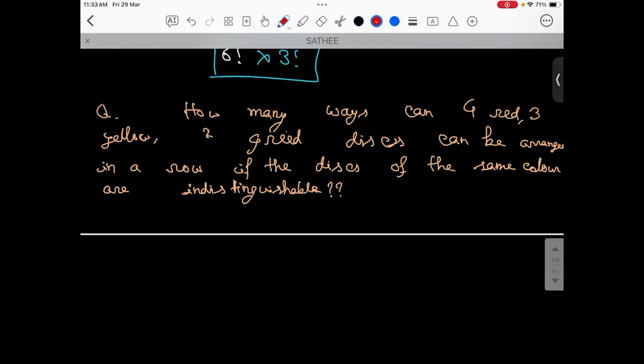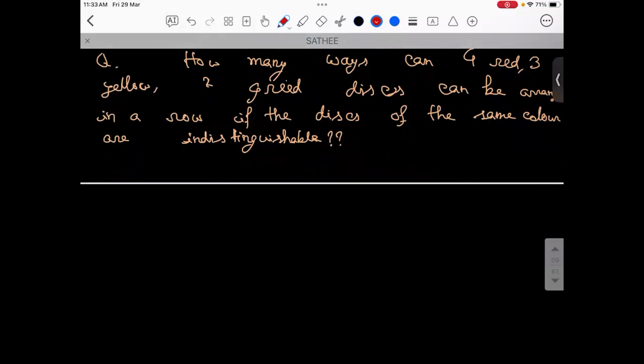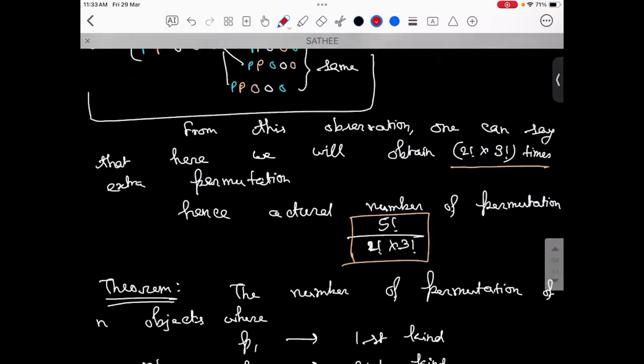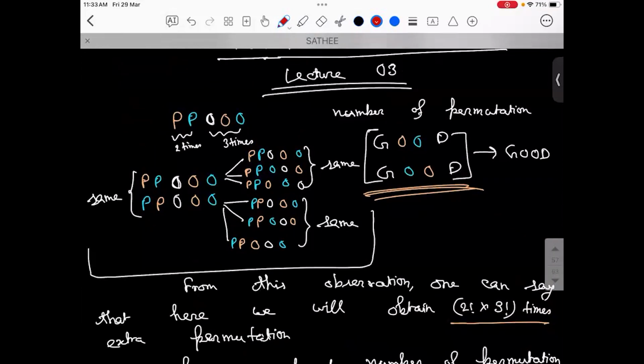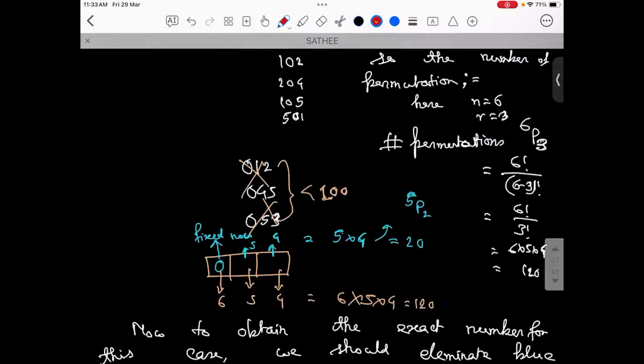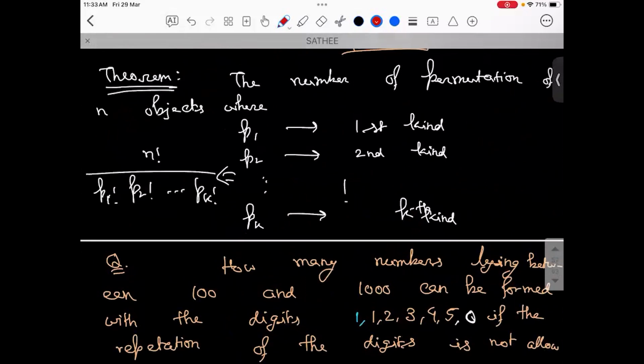The obvious thing is that there are 4 red discs. If I name them first red, second red, third red, fourth red, it will not matter which red comes first. So this is the case where colors are repeated and the discs are indistinguishable.